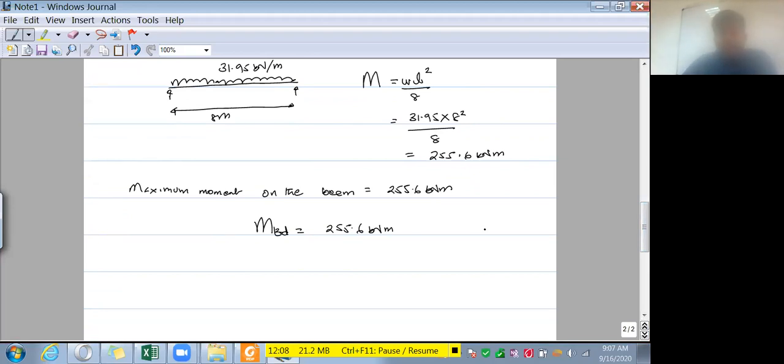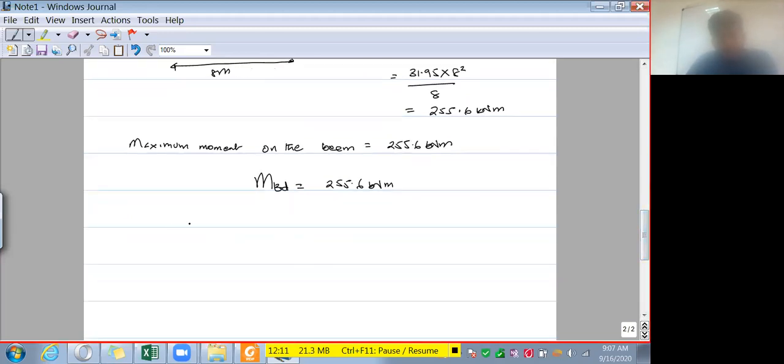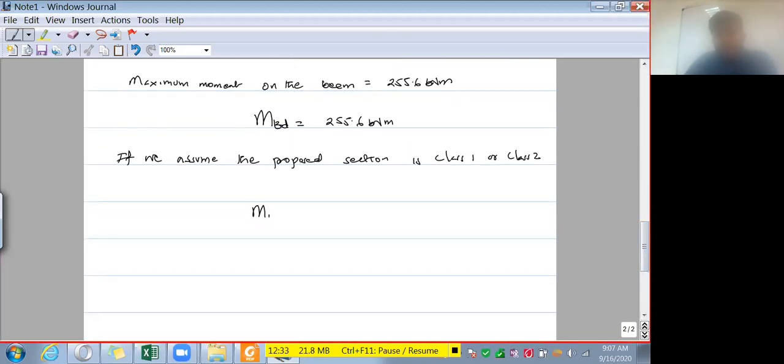So to do that, we can try this. Say, if we assume the proposed section is class 1 or class 2, then MED should be less than or equal to MCRD, that is equal to WPL into Fy over gamma M0.